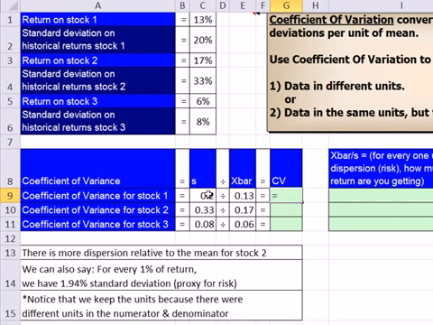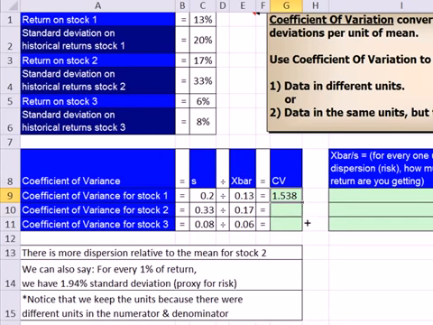So I'm going to say equals, and it's sample standard deviation divided by this. Now we're doing division, so the result is 1.58 for every 1 unit of estimated x bar return.